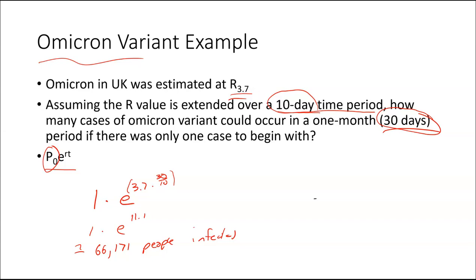Now, if we did that over a 2-month period, we end up with something like over 4 billion people infected. Now, there are a couple of things that prevent us from basically ending up with everybody infected within just 2.5 months. One is that the 3.7 value applied to the UK specifically and their population density.